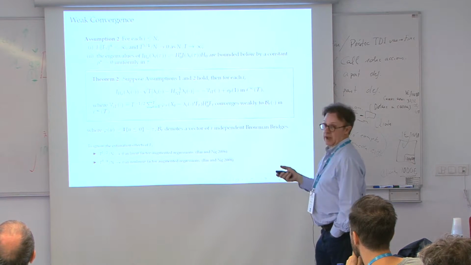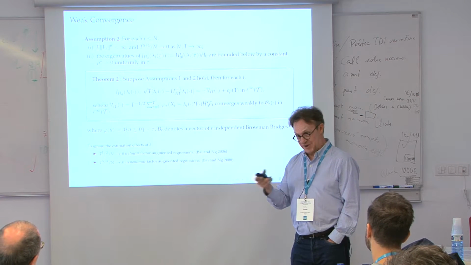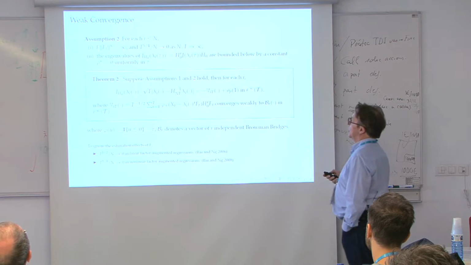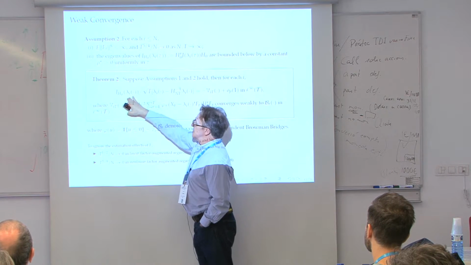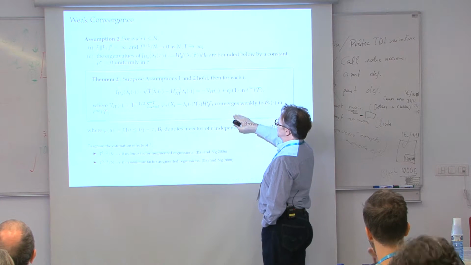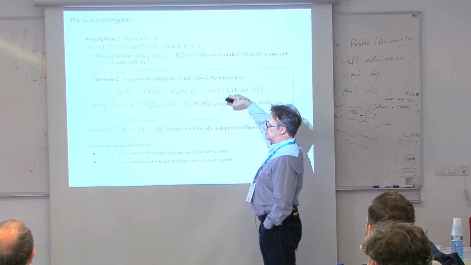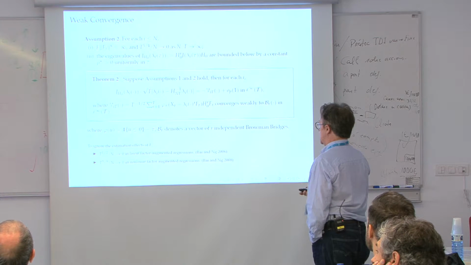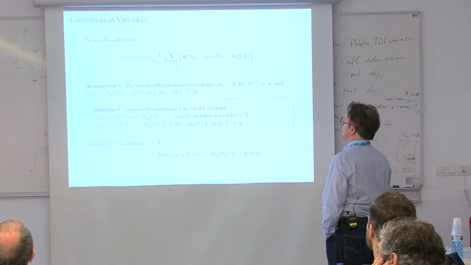So the intuition is obvious. I have this generated regressor, so I need somewhat larger sizes to estimate them. So basically, this is the standard scaling factor in quantile regressions, and what you have is that this converges weakly to a vector of Brownian bridges, as in the standard papers by Koenker and Xiao.